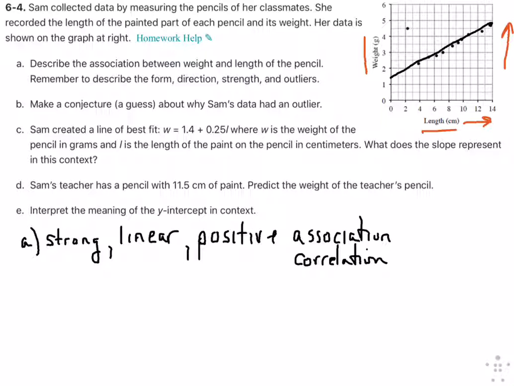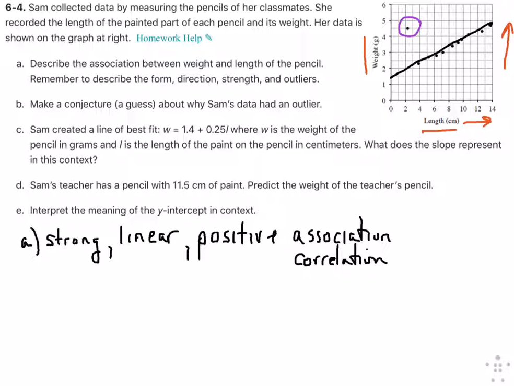And then outliers. Well, clearly, looking at this graph, there's an outlier right here. So how do we describe that outlier? We could do it by the weight. We could say the outlier is, what is that? Looks like about 4.5.